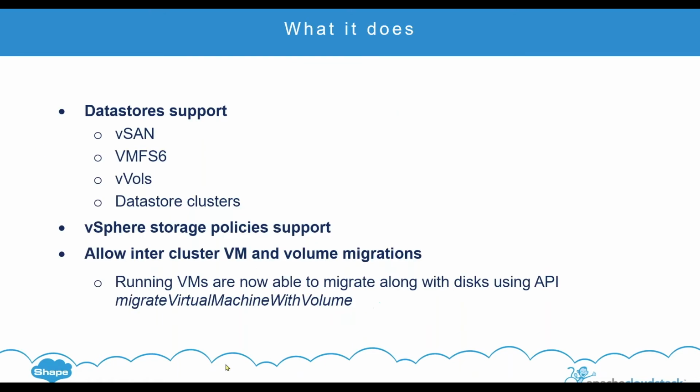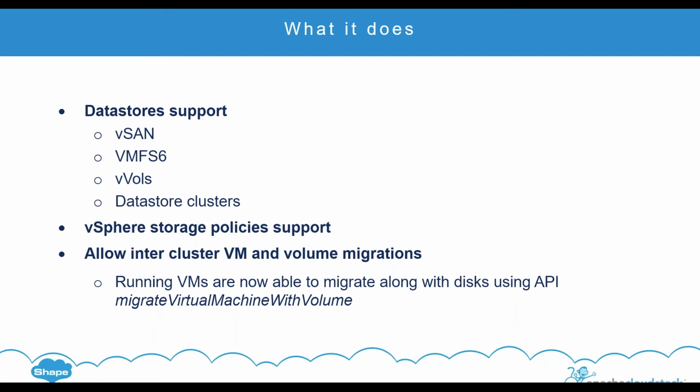On those, what we have been looking at and adding is support for vSAN, VMFS 6 if you're running it as Fibre Channel or iSCSI at the back end, vVols and datastore clusters, and supporting a lot of that is the storage policies.